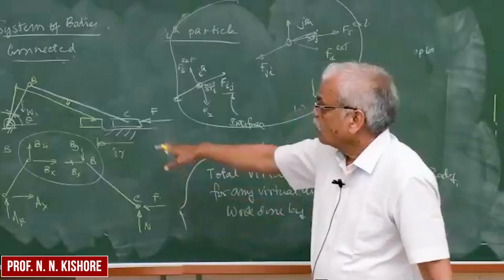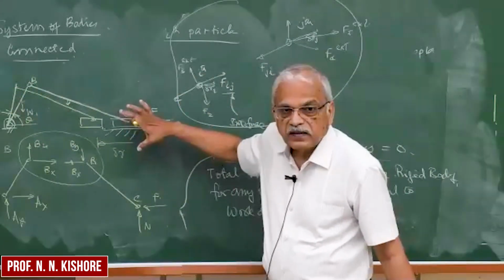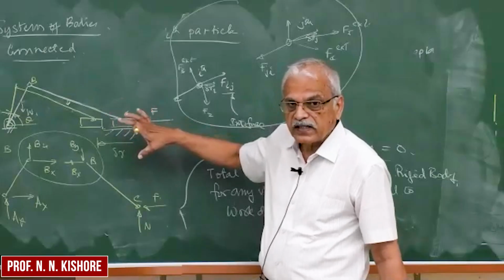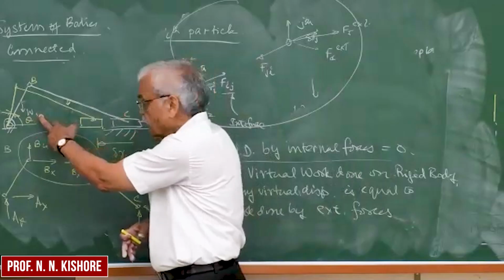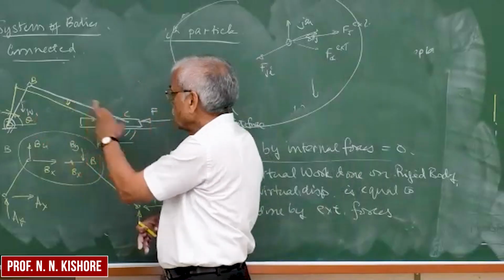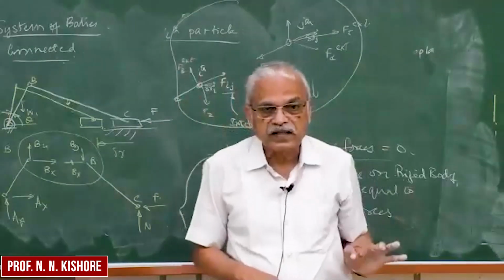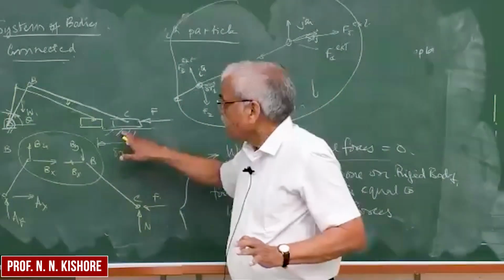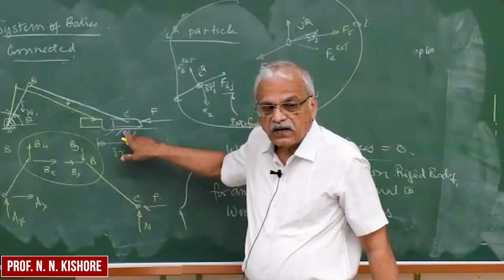Okay, so now if you look at this system of connected bodies, the work done by all the external forces is simply the work done by this weight, work done by this W2, and work done by this force. Another very important thing here is that the work done by the normal reaction here will turn out to be zero.